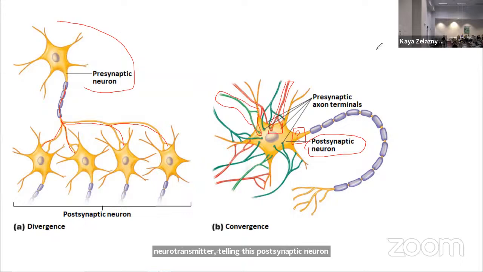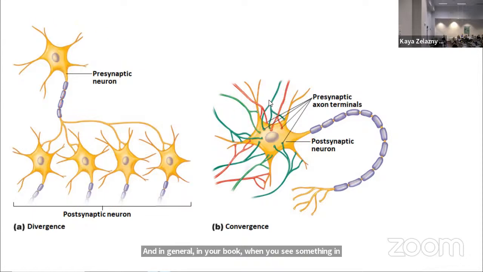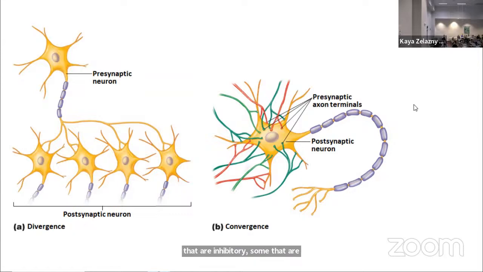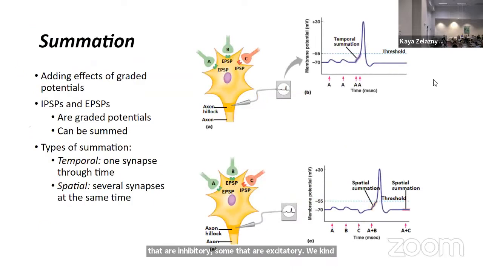And in general, in your book, when you see something in green, that's indicating that it's excitatory. When you see something in red, that's indicating it's inhibitory. So in this image, they're showing that one postsynaptic neuron may be receiving both types of signals. You might be receiving some signals that are inhibitory, some that are excitatory. We kind of have to add them all together to figure out what's what. Okay.